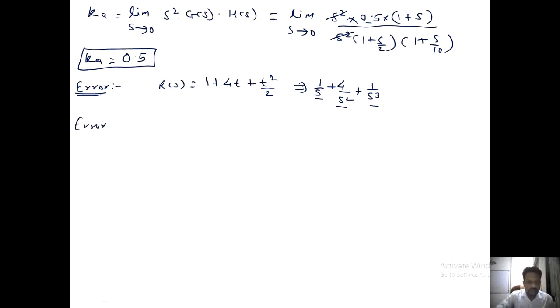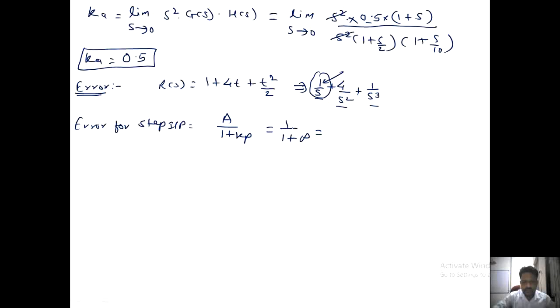First, the error value for step input. What is the equation for step type input? It is given as A by 1 plus Kp, and A is the magnitude of the input. In step type input, the magnitude is 1, so 1 by 1 plus Kp, and the value of Kp is infinity, as we have calculated.